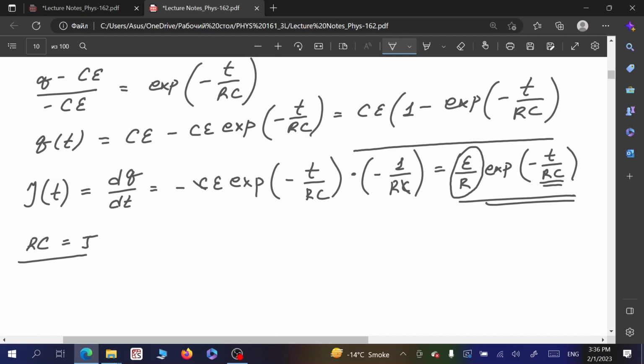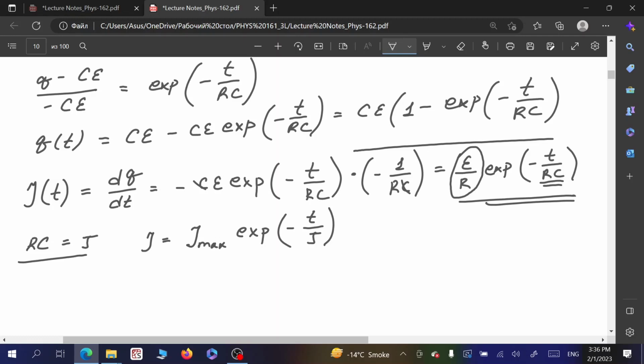So if we consider what it actually means, we can take a look here at this expression for current. I is equal to epsilon over R, which we can substitute with I maximum. And here will be exponent minus t over tau. So instead of RC, we can write tau. So now what is the meaning of this time constant?